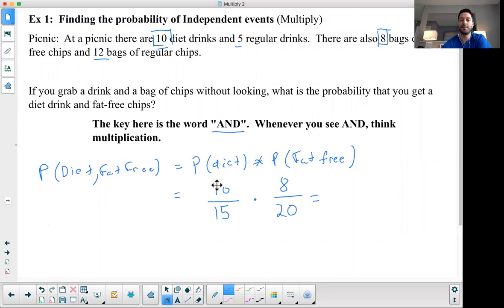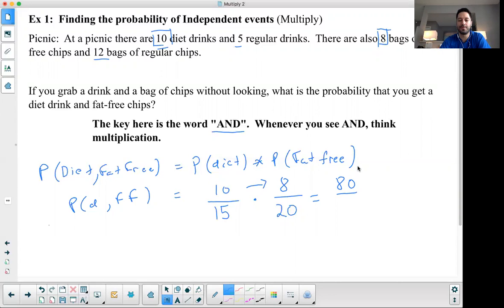And to find the probability of diet and fat-free, it's going to equal these two being multiplied. When you multiply fractions, you multiply the tops. So this is going to be 80. And you multiply the bottoms.